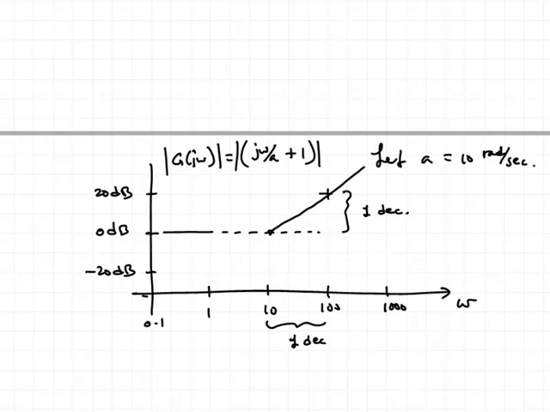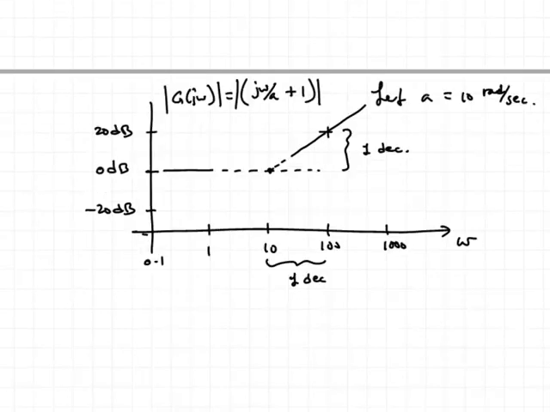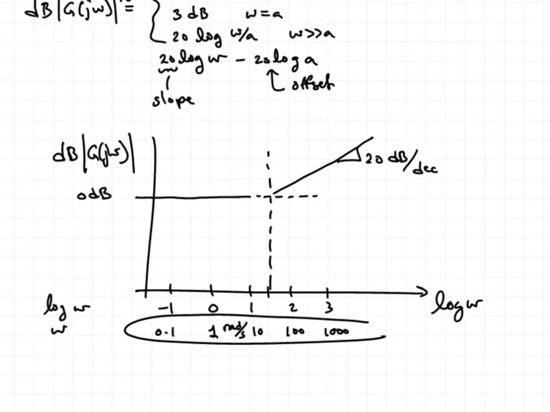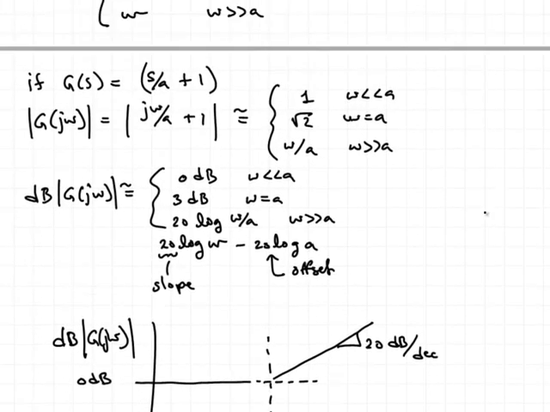Let me redo that. Now the reason I do that dotted right around this corner frequency is because the actual magnitude at omega equal 10, we saw that the magnitude at omega equal a is square root of 2.